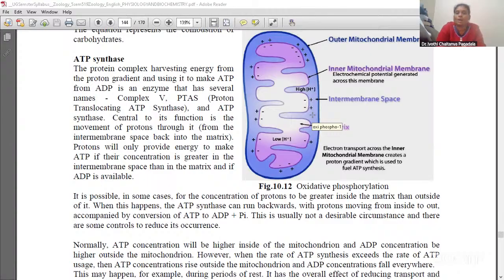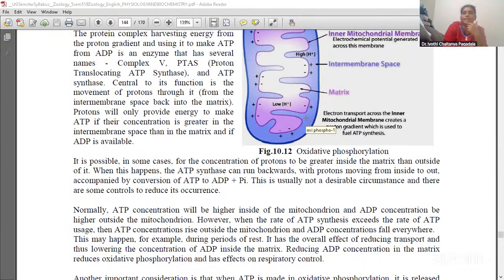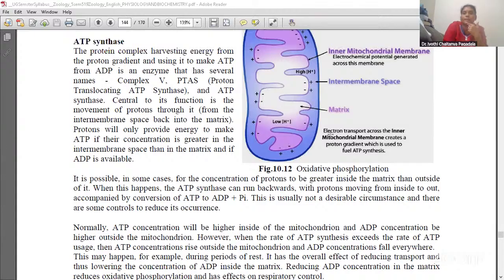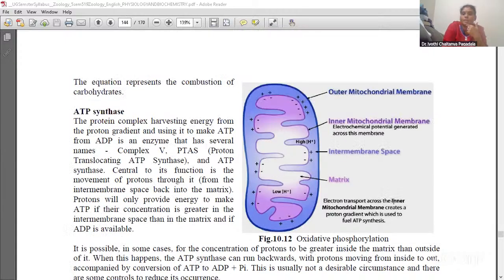This is usually not a desirable way, and there are some controls to reduce this reaction from occurring. Here you can see the electron transport across the inner mitochondrial membrane, which creates the proton gradient, which is used to fuel ATP synthesis.